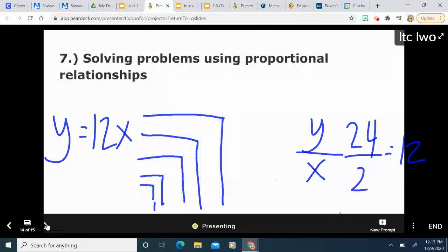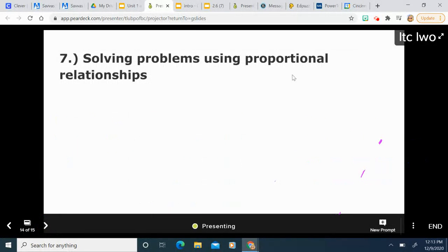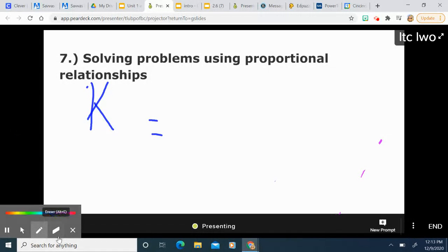Almost done, y'all. Ooh, last one. Solve problems using proportional relationships. So on this, you need to find your constant of proportionality, your k, and then set it equal to whatever you're trying to find. So here, I shouldn't have written k.